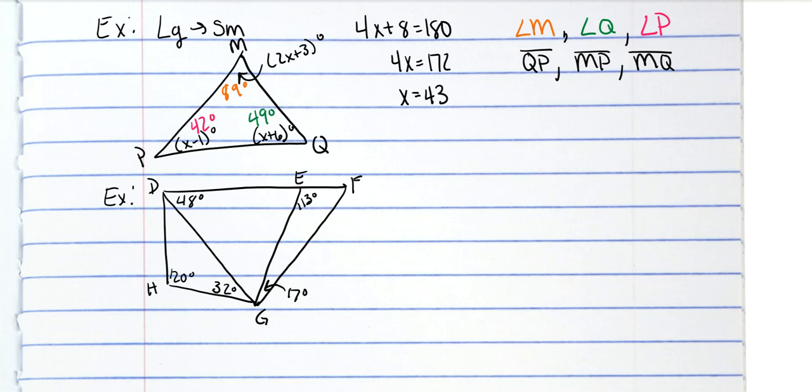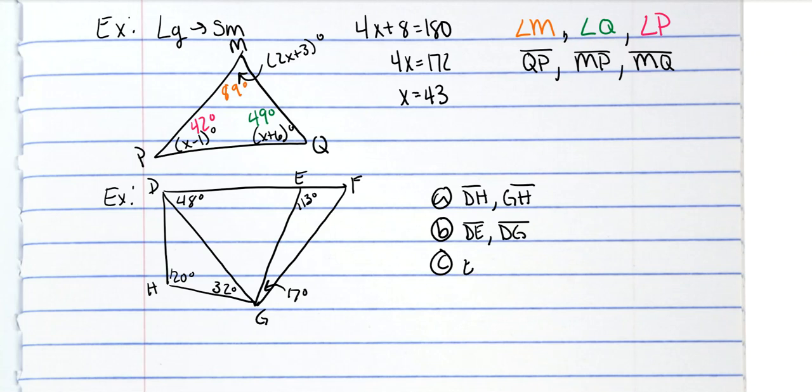All right, so we need to first find all of the missing angles. But what it wants us to do is to compare, right, greater than or less than for these side comparisons. DH and GH, how do they compare? DE and DG, how do they compare?